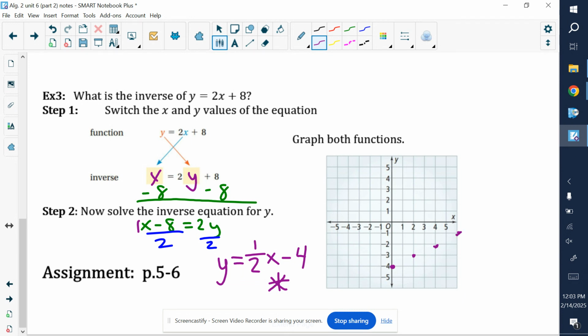Ideally, we're using a ruler or a straight edge to connect these. Let me redo that. There we go.